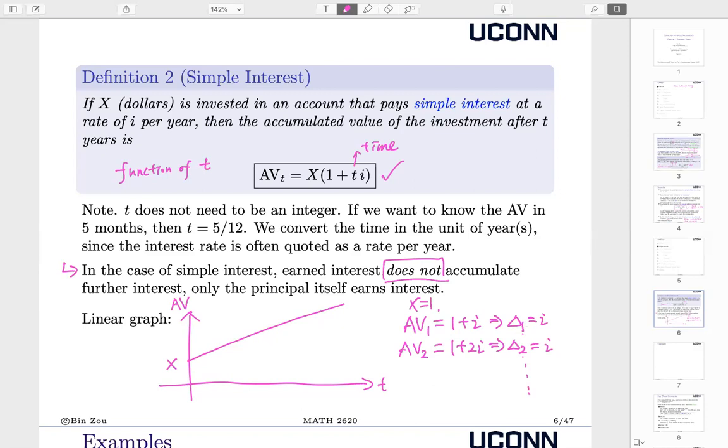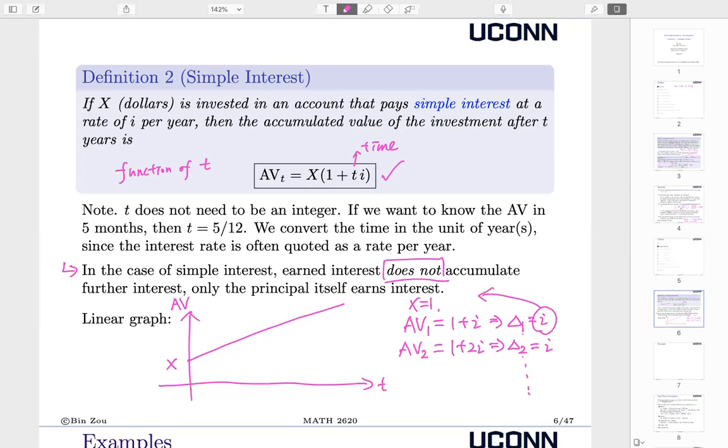So in any fixed time of 1 year, it doesn't matter the starting point, the end point, as long as the length of time is 1 year, I know exactly the interest to be earned is I. So that's why I is exactly accumulated because of the $1 investment, right?